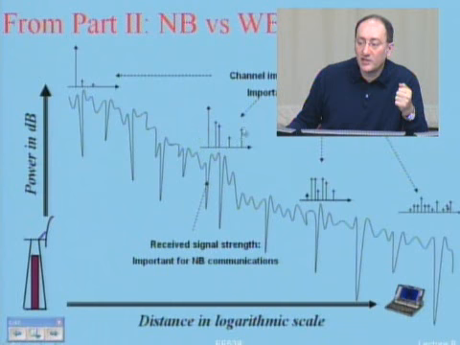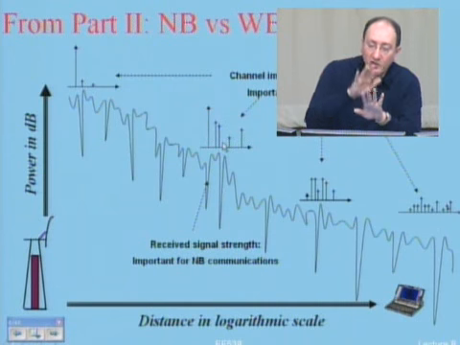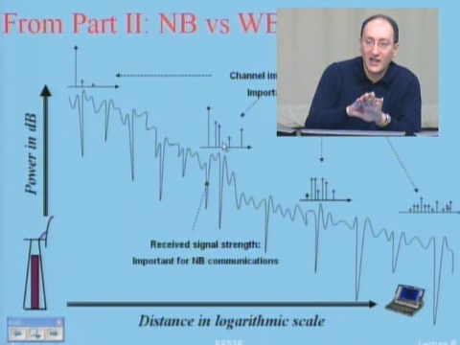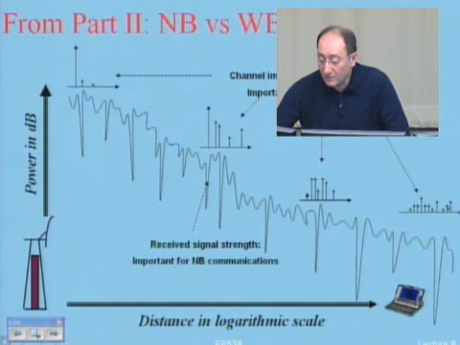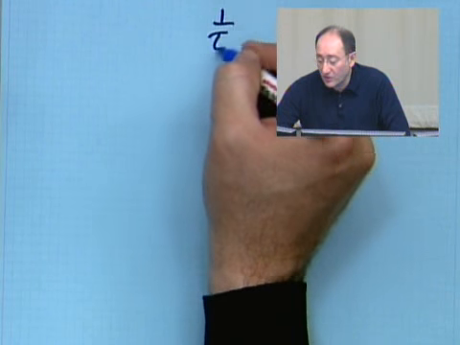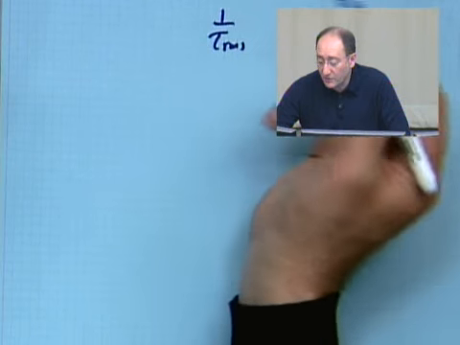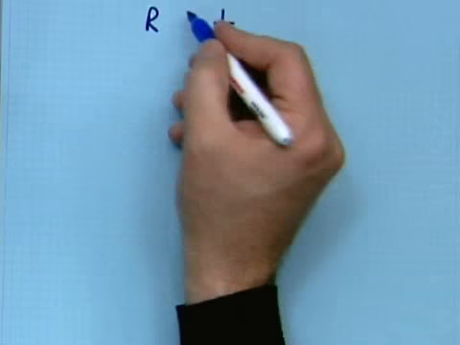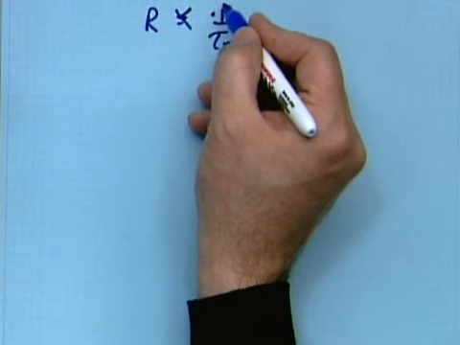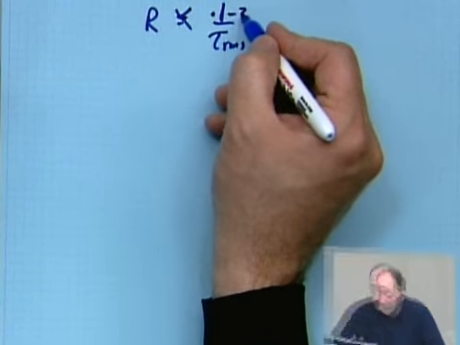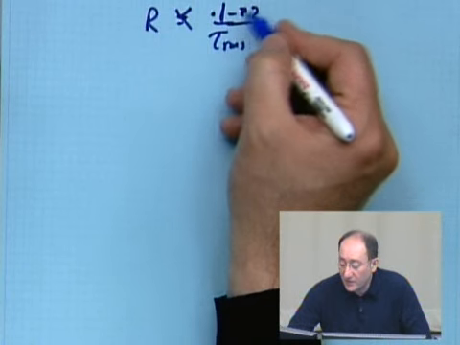Then you send a symbol and many paths come, but they come on top of one another.